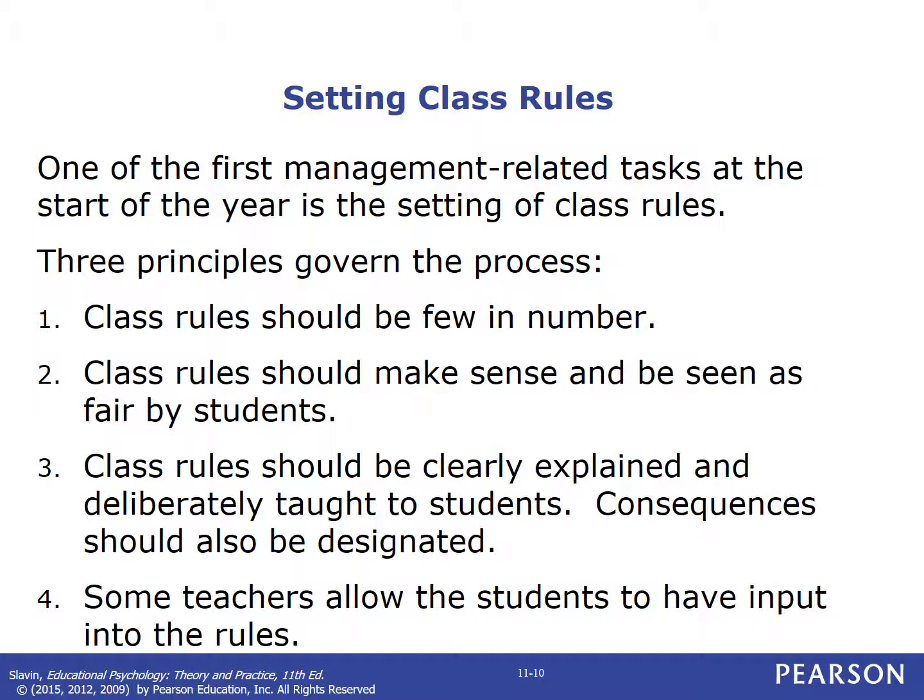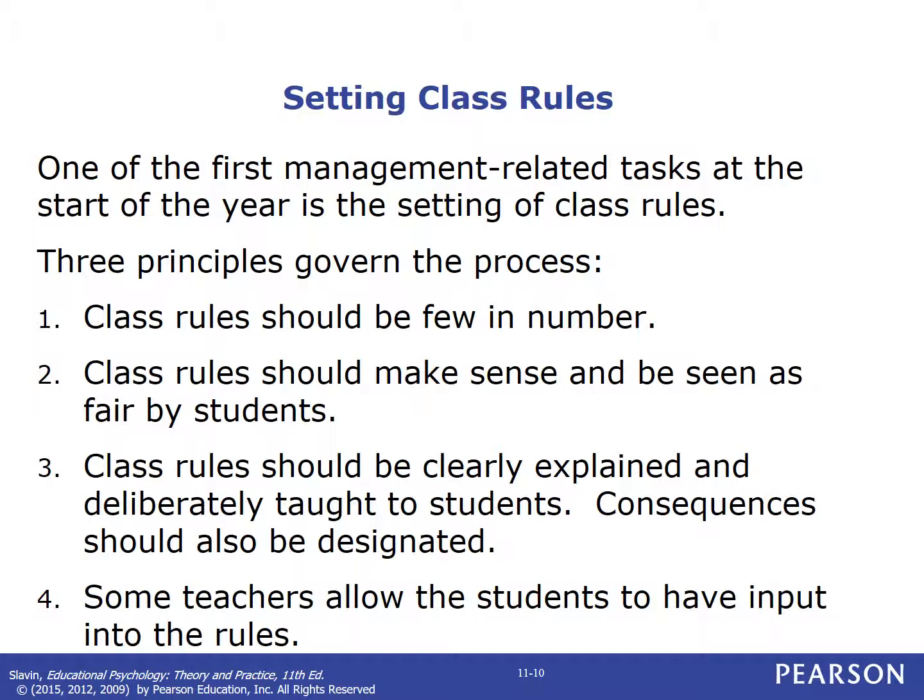They should make sense and they should be seen as fair by students. You don't want a rule that is just a rule for a rule's sake. And you need to explain, as you're discussing with students, the reason behind the rule. Why do we have a rule that says respect others? And what does that mean? Does it mean not call out during classroom discussion? Does it mean not say denigrating things about other students? What does it mean?